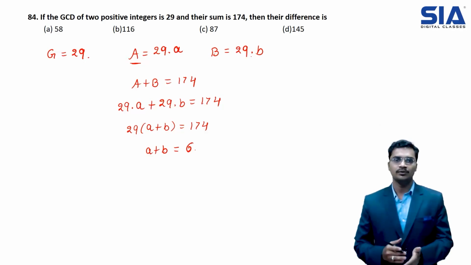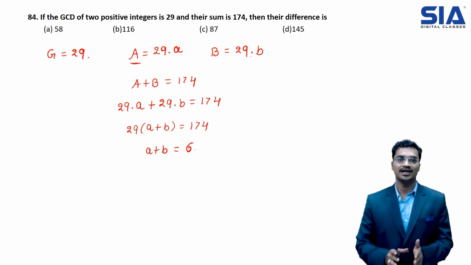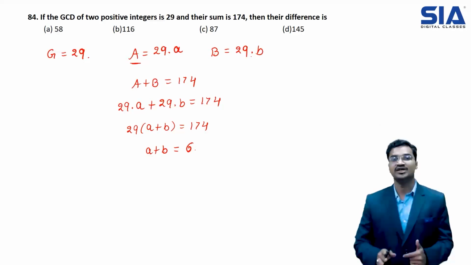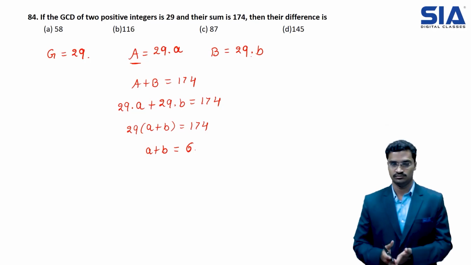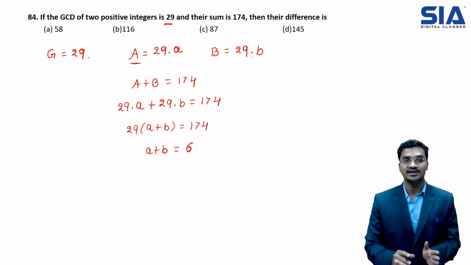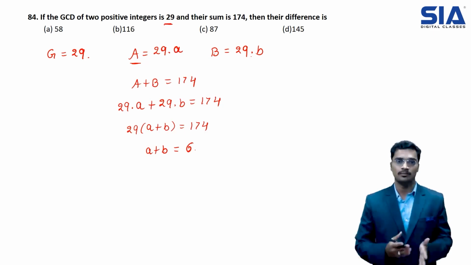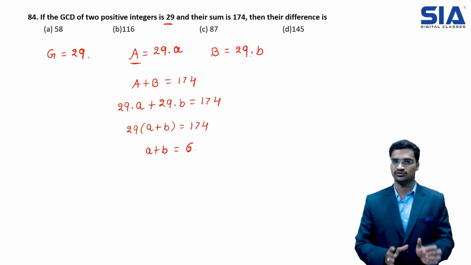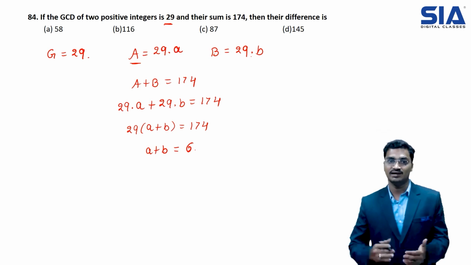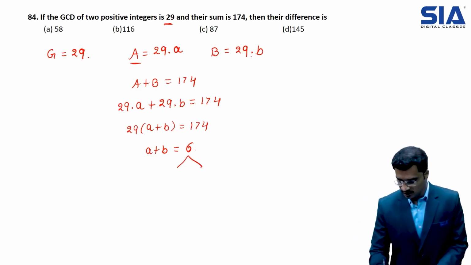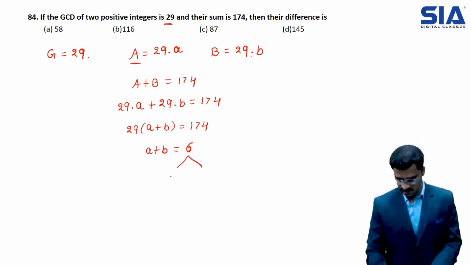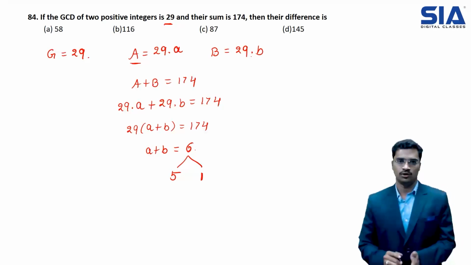Now I have to separate a and b values in such a way that they should not have any common factor, because the greatest common factor of the two numbers is 29. There should not be any other common factor. The only possible way is if a is 5 and b is 1, then there are no common factors.